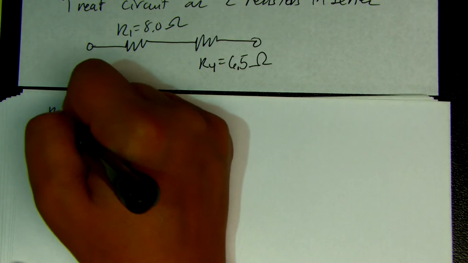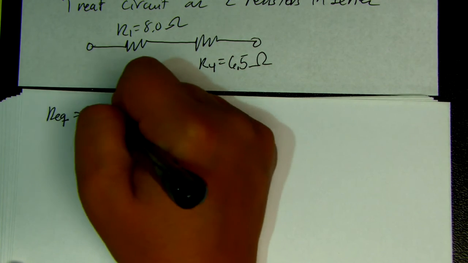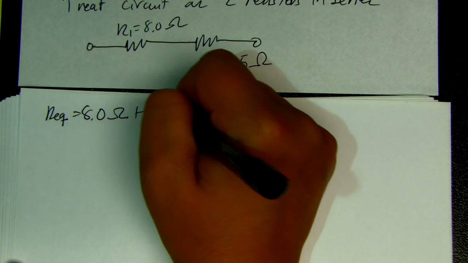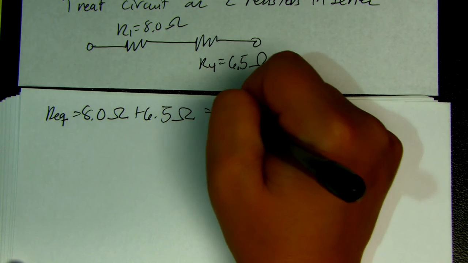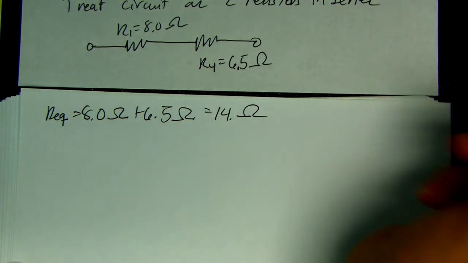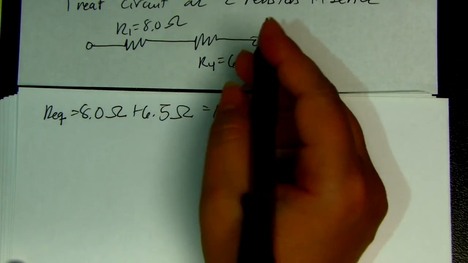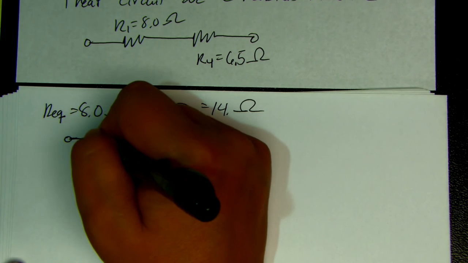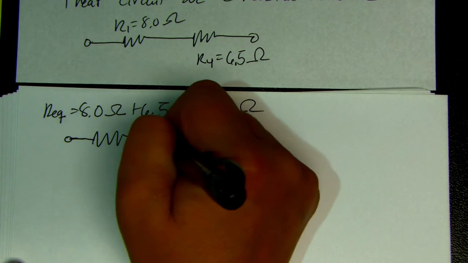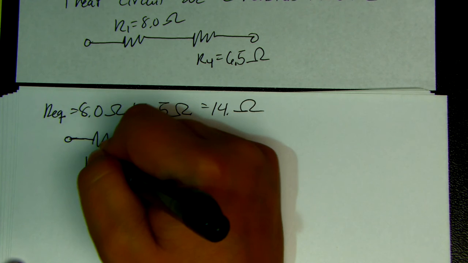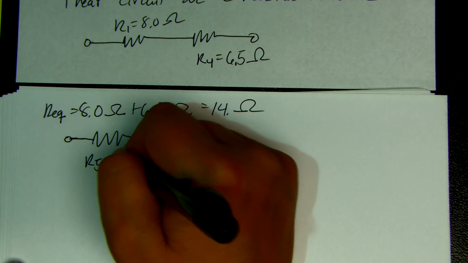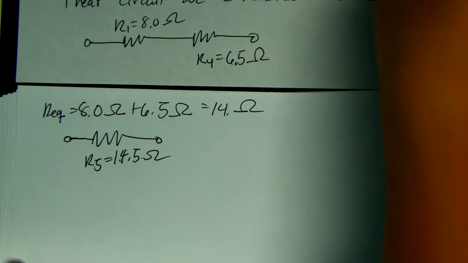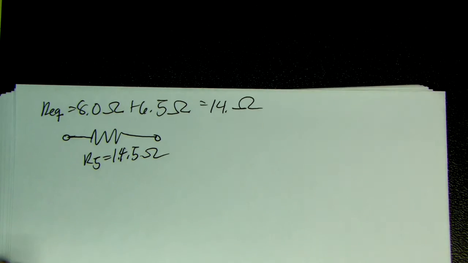So our equivalent for this circuit is equal to 8.0 ohms plus 6.5 ohms, which is equal to 14.5 ohms. And so we've reached the end. We now have some resistance R5, which is equal to our equivalent, 14.5 ohms. And the reason I've listed it as R5 is I know that there's more to this problem coming.